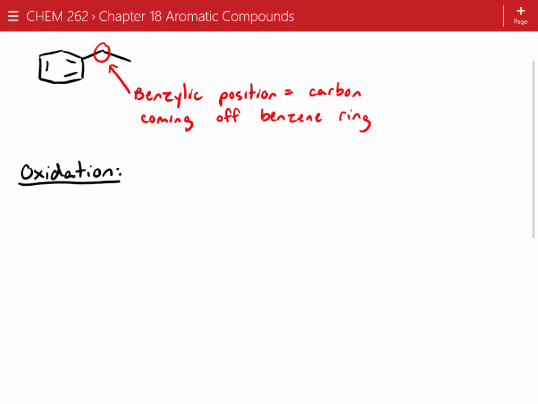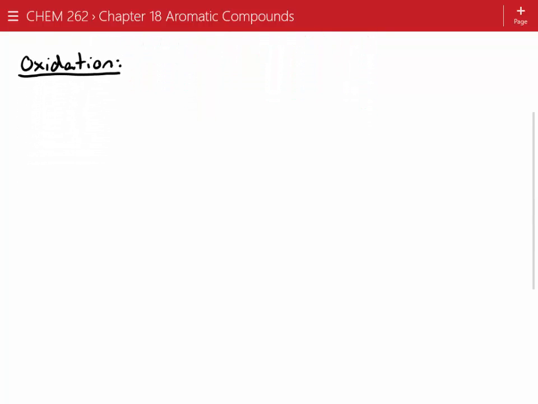So let's say I've got an example here, and we've got a very simple benzylic system. Does anybody know the name of this benzene system? Toluene. So it's toluene? Yeah. I know if you look at it, it looks like it should be pronounced differently, but it's toluene.